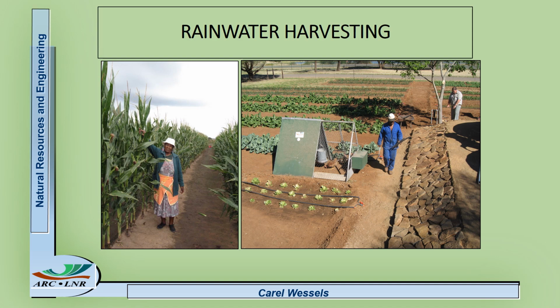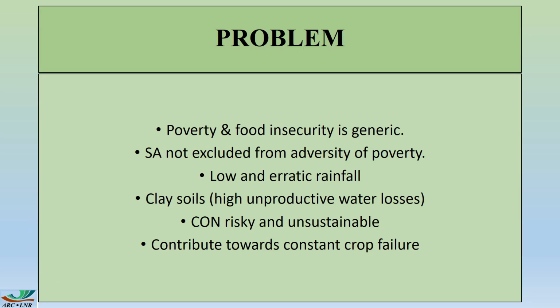We did research over a few years on rainwater harvesting, and we will discuss it today. Firstly, we have a problem in agriculture in South Africa where poverty and food insecurity are widespread.